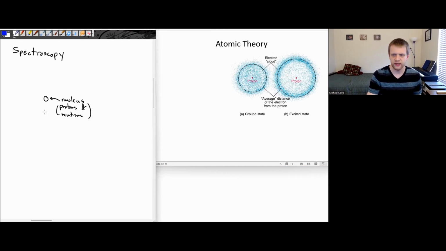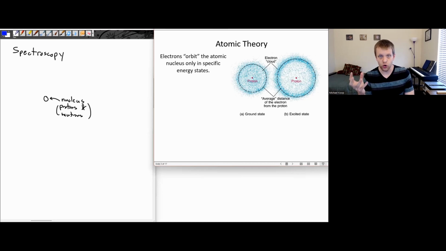And around the outside, we have these clouds of electrons orbiting around it. But the point that's going to be very important right now is that these electrons, as they orbit around the nucleus, are only allowed to be in very specific energy states.